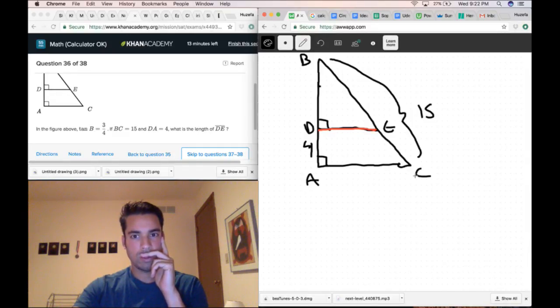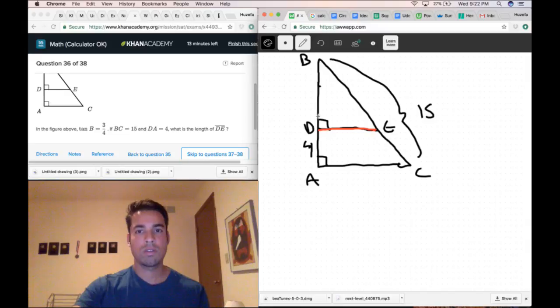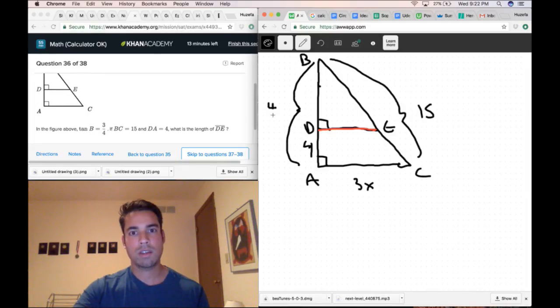Let me think for 1 second. So tangent of B is 3/4. So I'll write it like this: 3x, and this is 4x. We know there's some value of x there, and then this will help us get to DE eventually. So 4x, 3x. Do we know anything else?